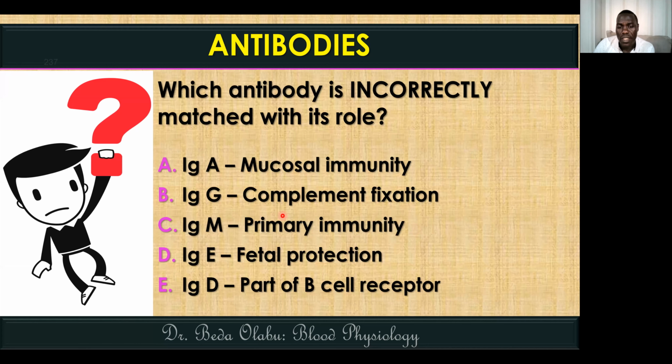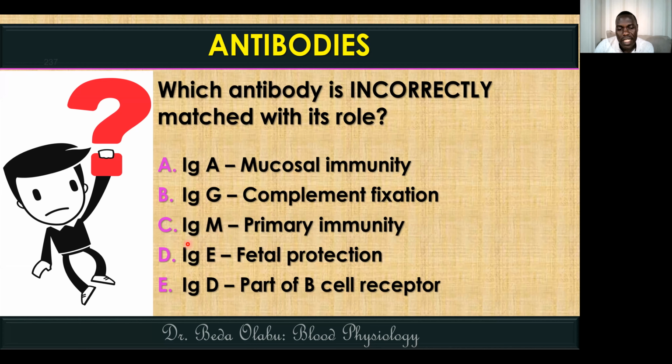It also fixes the complement system actually. And immunoglobulin M is the one that is produced by the fetus. That means that it also offers fetal protection. But remember, this one is being produced by the fetus. G is crossing the placenta from the mother to the fetus. They both offer fetal protection.